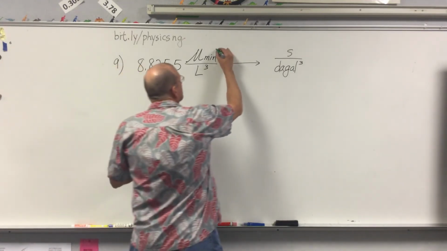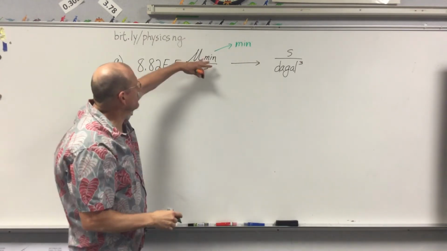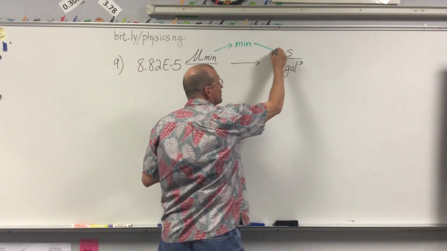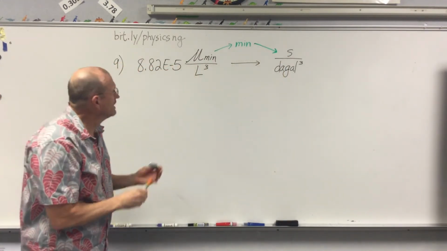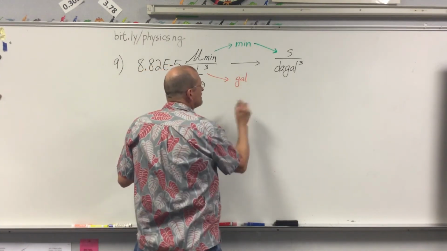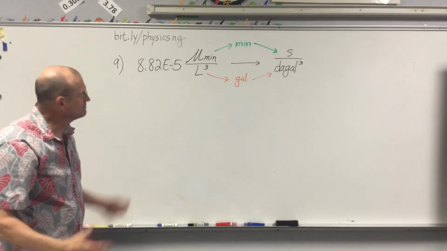So if we look at conceptually what we're going to do, I think people should be able to say, I'll go from microminute to minute, and then from minute to second. And then for liters, I can go from liters to gallons, and then from gallons to decagallons. Perfect.